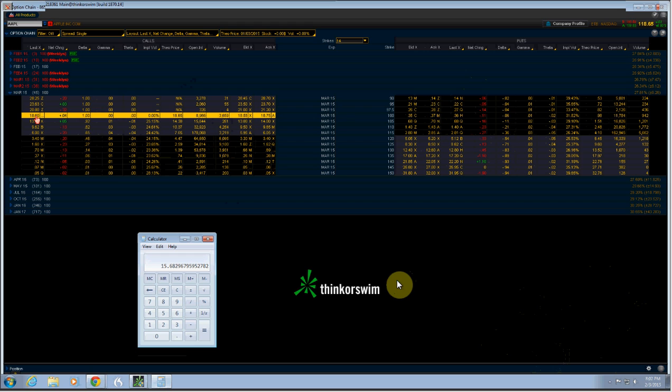So let's say in the event of between now and the expiration, Apple goes up to 150 bucks. Would you like to own shares with an average price of 118.60? Yeah. If it only goes up to like 120, would you like to own shares at 118.60?